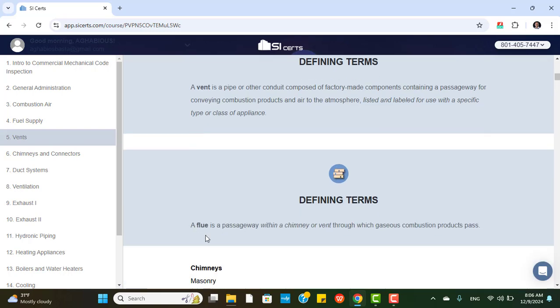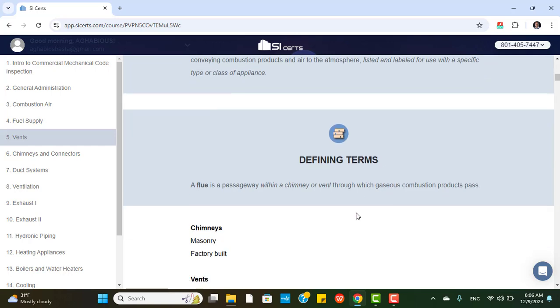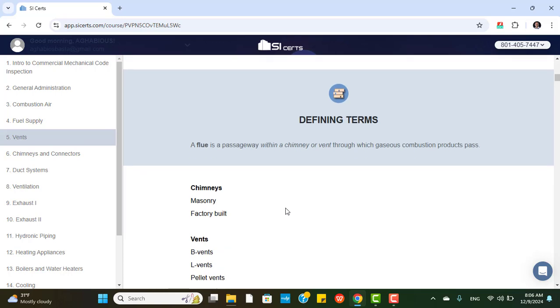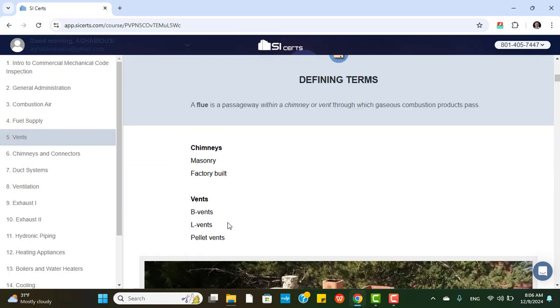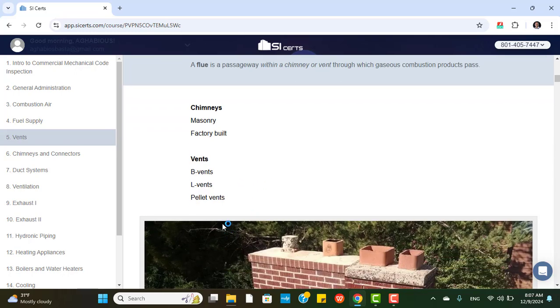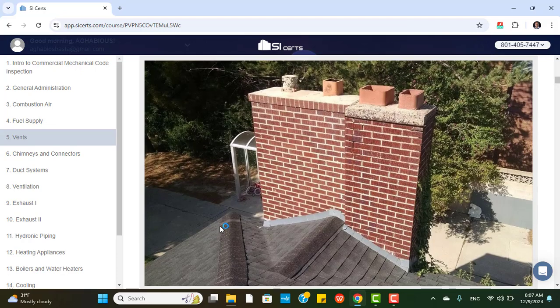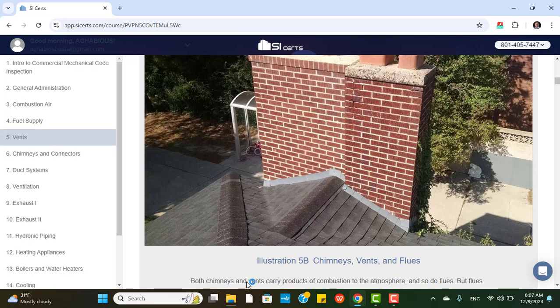Defined terms. A flue is a passageway within a chimney or vent through which combustion product gases pass. Chimney: masonry, factory-built. Vent: B-vent, L-vent, pellet vent. Here, this is the masonry chimney.